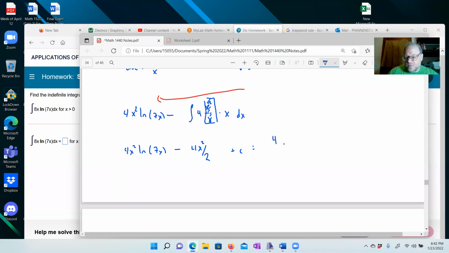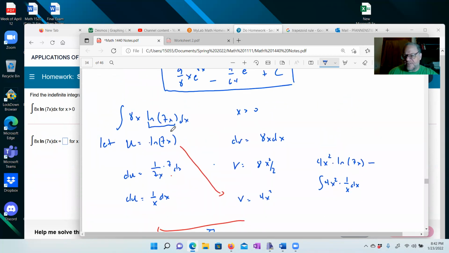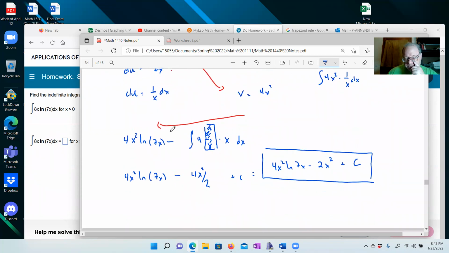So we have 4x squared natural log 7x minus 4 over 2 is 2, 2x squared plus c. And that is our integral for, what do we start with? 8x times natural log 7x.